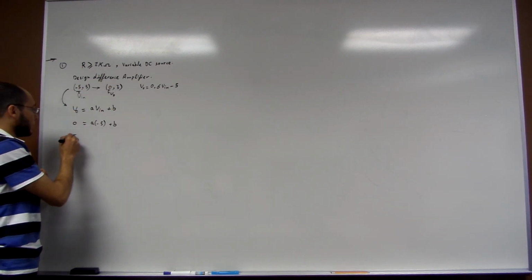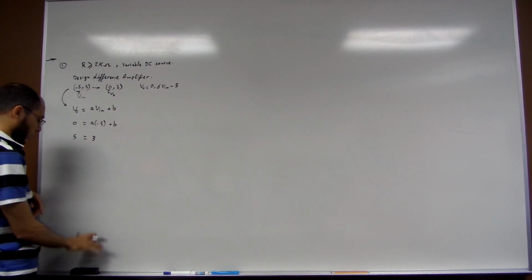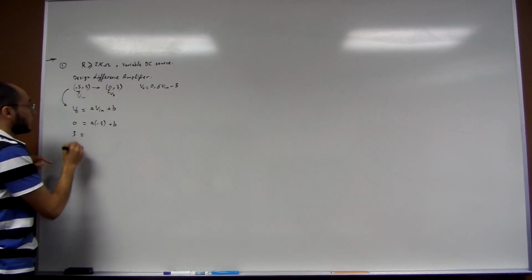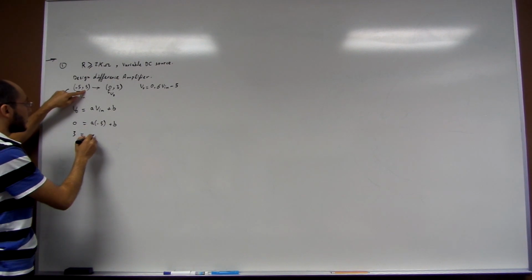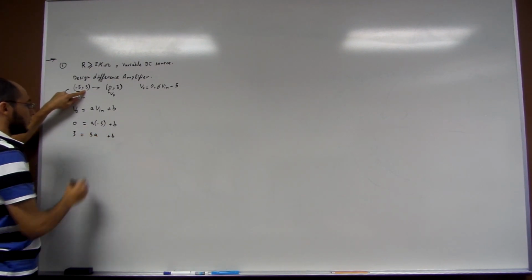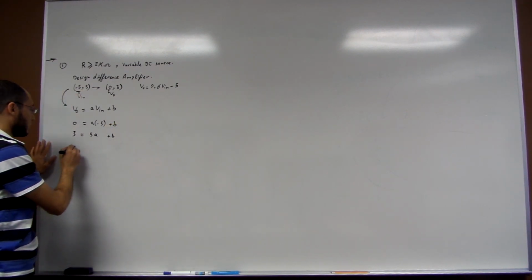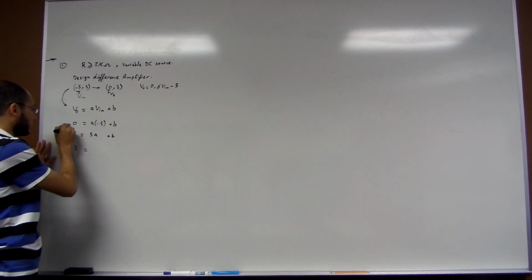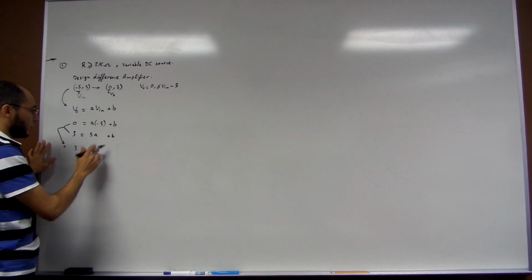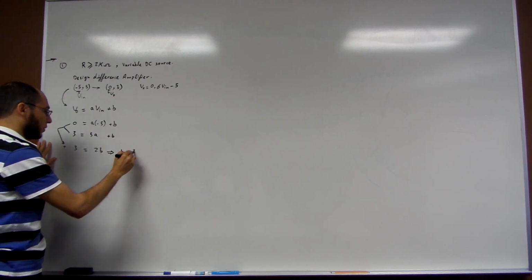So, again, V output is 3 and V input is 5, so 3 equals 5A plus B. Let's add these two equations. Adding them together, 3 equals 2B, which means that B equals 3 over 2.